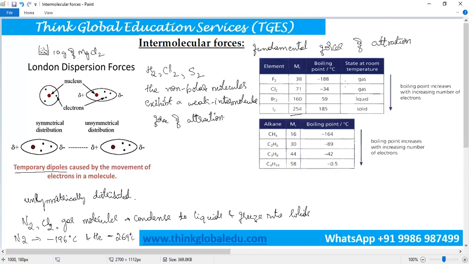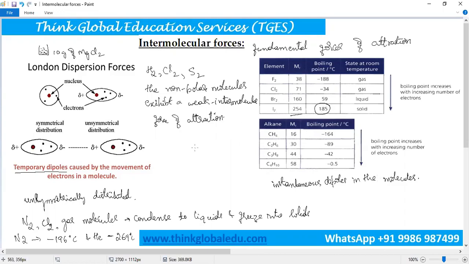When the number of electrons in a molecule increases, there will be an increase in the London dispersion forces in the molecule because of the increase in instantaneous dipoles, resulting in an increase in the boiling point and the melting point of the compounds with increase in the molecular weight.